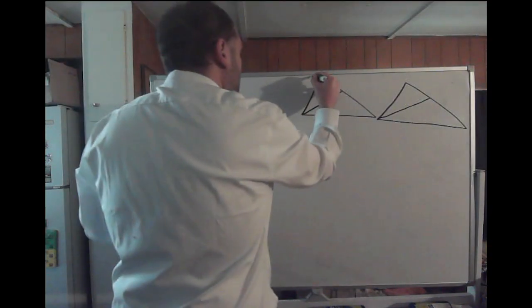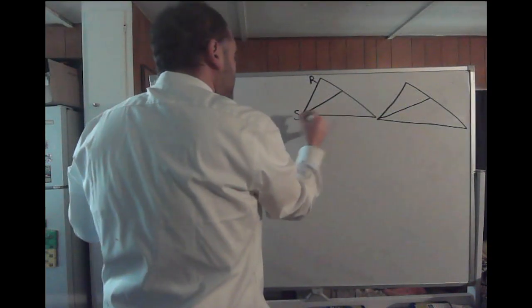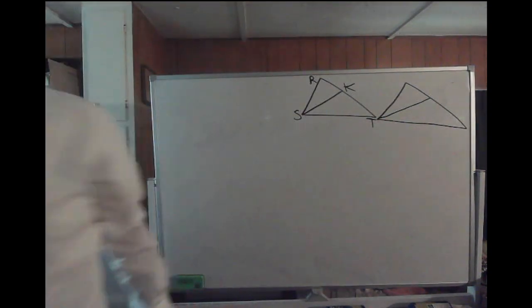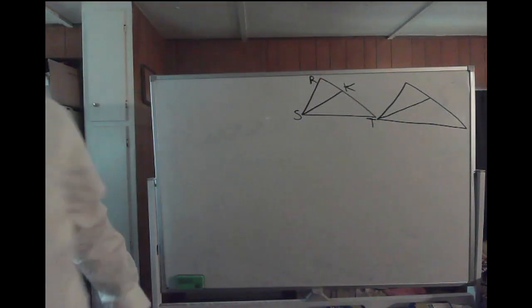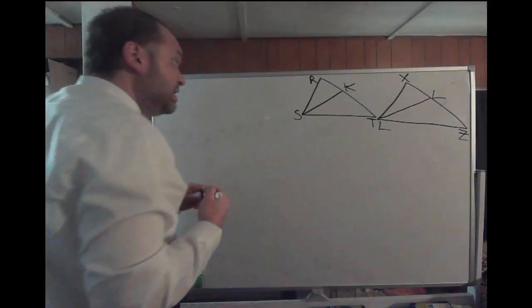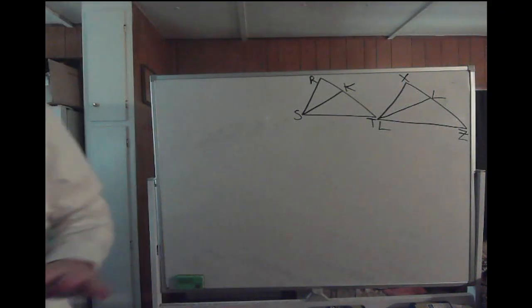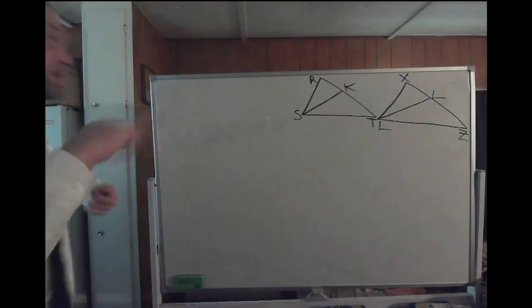R, S, K, T. R, S, K, and T. What's the next one? X, Y, L, Z. X, Y, L, Z. Okay. Well, they give us no congruency markers in this case. But let's see what they do give us.